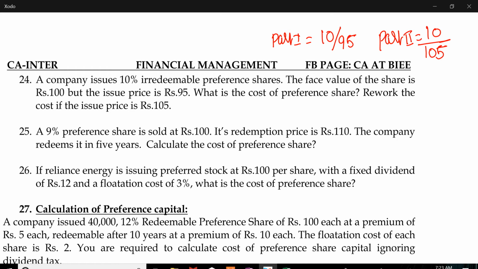The formula is preference dividend by net proceeds. For first one it is 10 by 95. Second one it is 10 by 105. I don't see any scope for confusion.